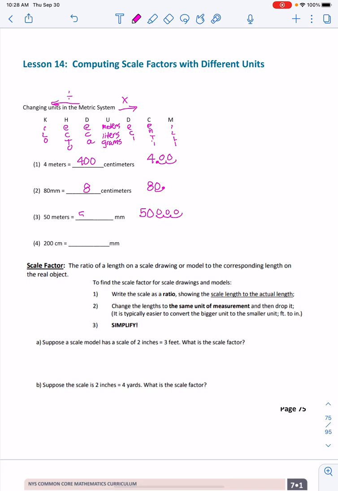So I'm going to have 50,000 millimeters. So then if I have 200 centimeters and I go to millimeters, I'm going to move 1 space to my right and add a 0. So I'm going to have 2,000 millimeters.